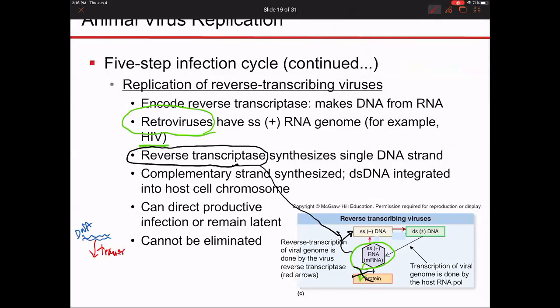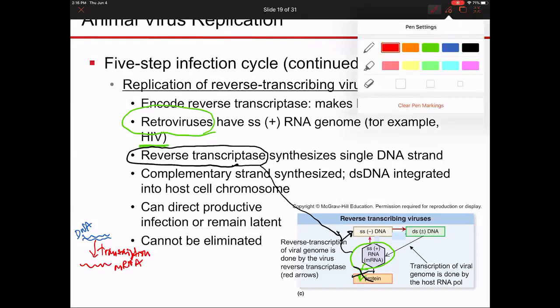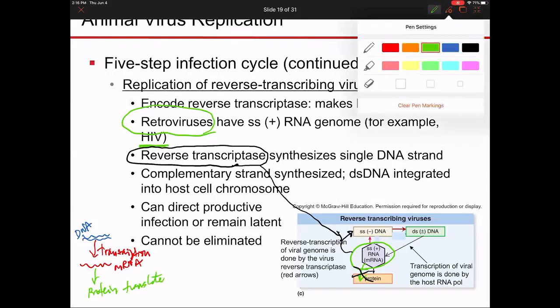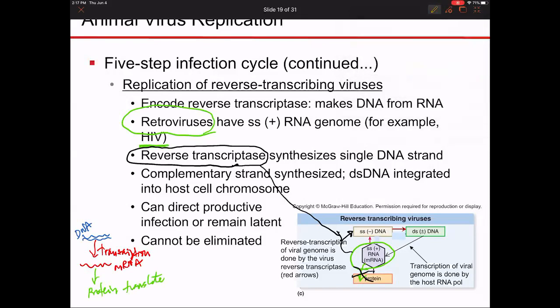You know that the natural process is DNA being transcribed into RNA, and then that RNA being translated into proteins, right? Well, these viruses will do something very unique. They will take that RNA and convert it into the complementary single-stranded minus DNA.